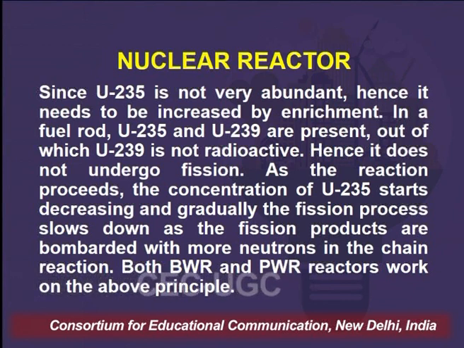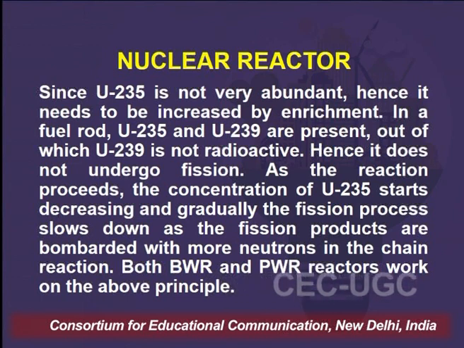Since uranium-235 is not very abundant, this radioactive isotope needs to be increased by enrichment. In a fuel rod, uranium-235 and uranium-239 are present, out of which uranium-239 is not radioactive.